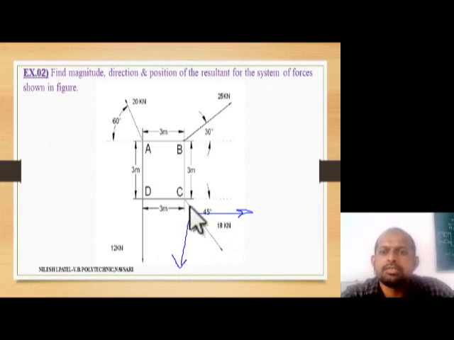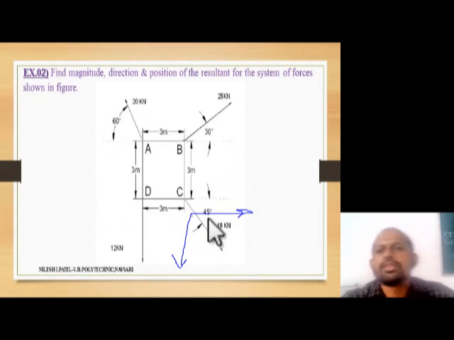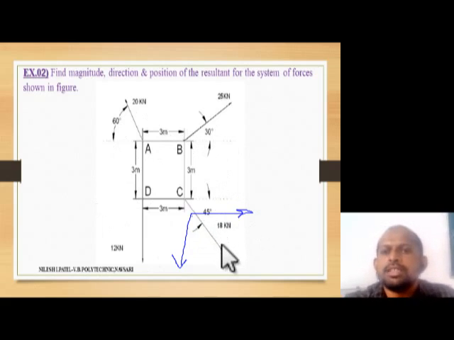If it is vertical, it is 18 sine 45 degree, and if it is the horizontal component, it is 18 cos 45 degree. Likewise, you have to split up this system of forces into two components for each inclined force.